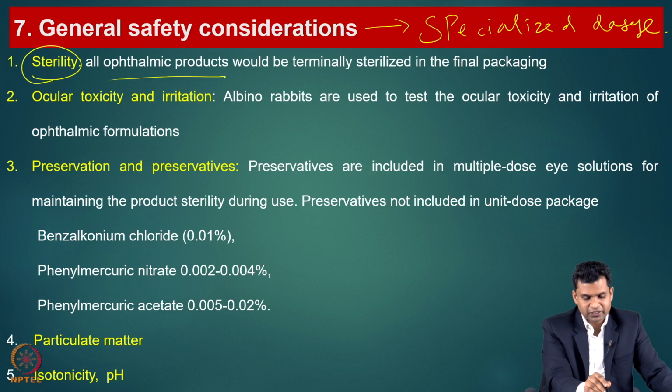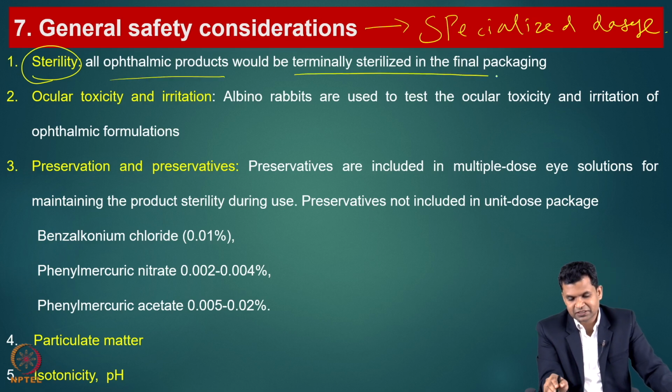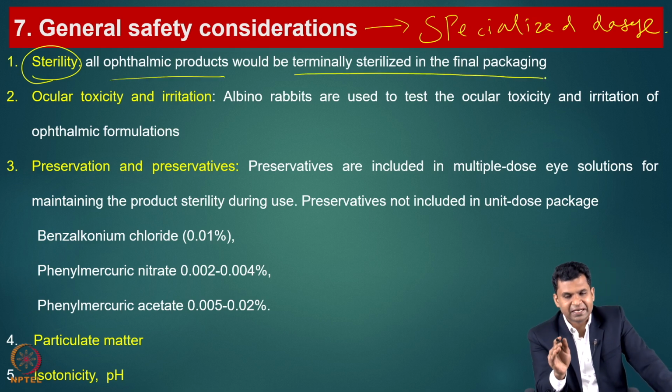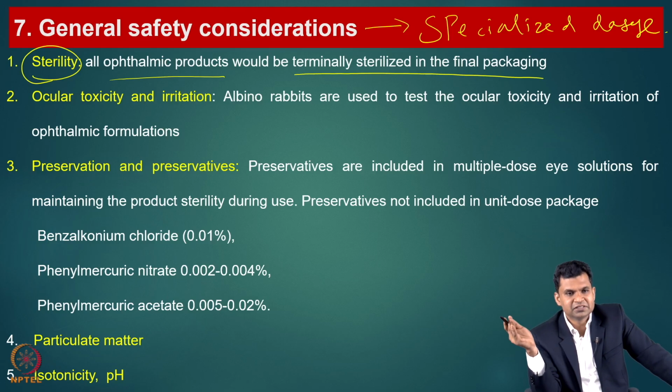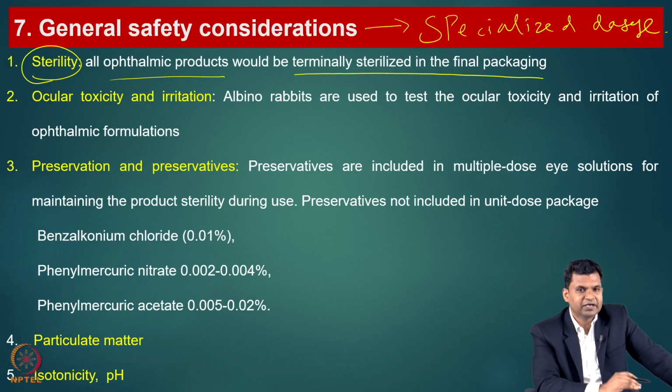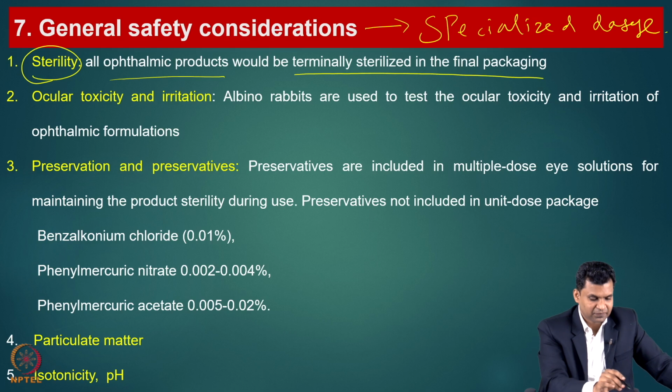All ophthalmic products should be terminally sterilized in the final packaging. That means no viable microorganisms. By using any type of sterilization technique, we can make our formulation sterile, right. So, either it may be autoclave or gamma radiation or some other techniques. So, with that we can provide a sterile formulation.